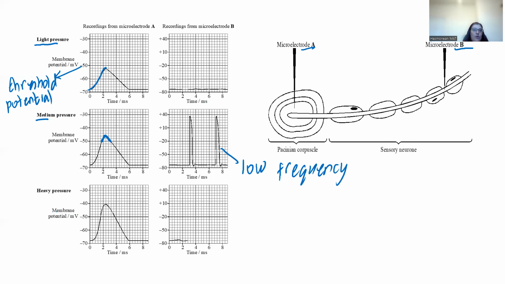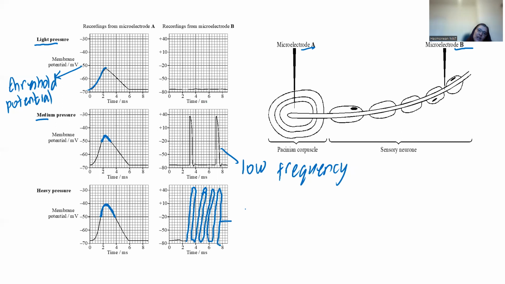If, on the other hand, we put heavier pressure on, it now goes above -50 for a longer period of time, because it goes up to -40 and then back. And that is seen to generate, and I'll draw them in, a higher frequency. Right, it should be right to the same height, slightly misdrawn there. We'll just add that in. Okay, a higher frequency of action potentials.